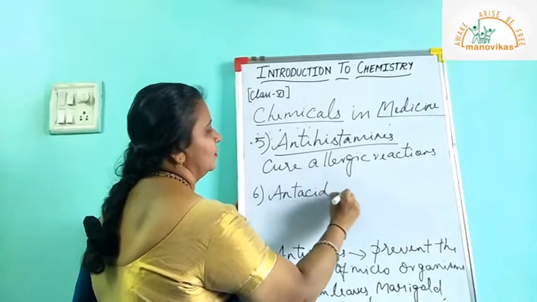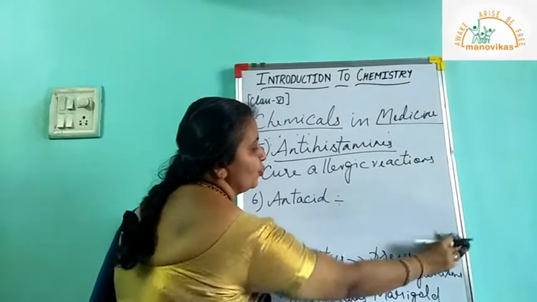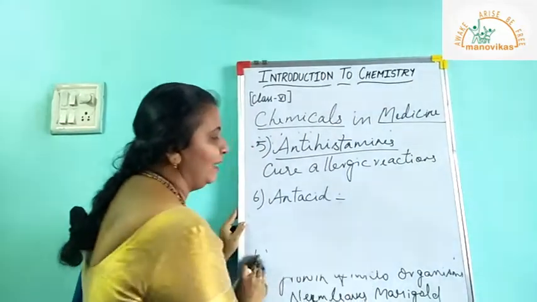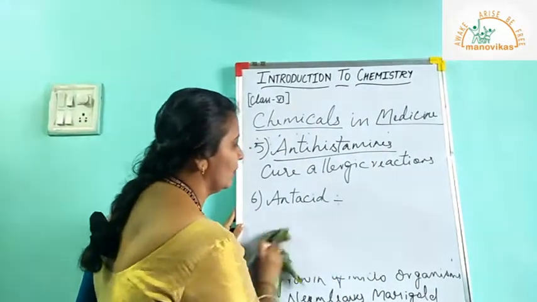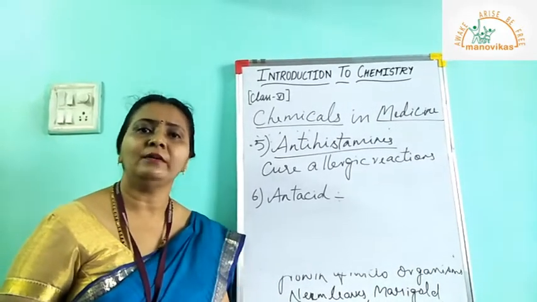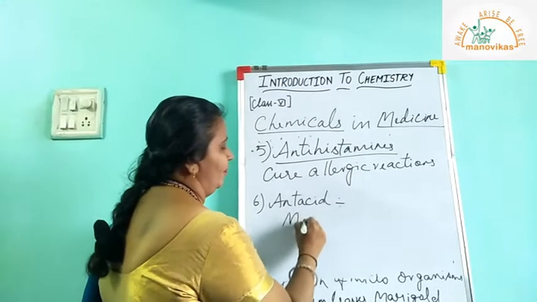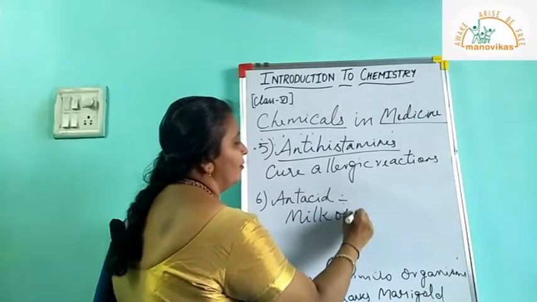Now the last one is antacid. Antacids are medicines used to give relief when excess acid is produced in the stomach. For example, milk of magnesia.